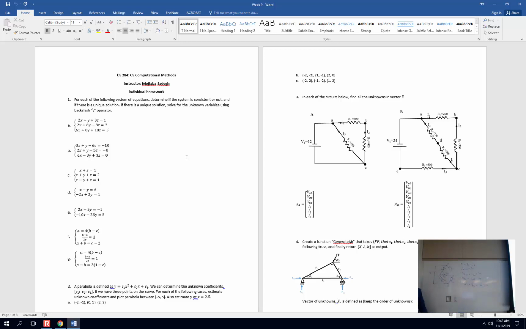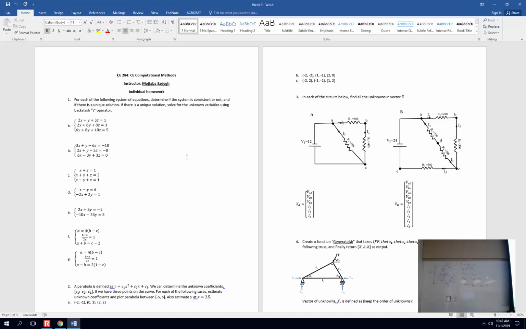First of all, before I go to the quiz-worthy question, how many unknowns do I have in this system? I have I1 through I5, so 5 I's. And I have 5 V's, right? How many equations do I have? 5.